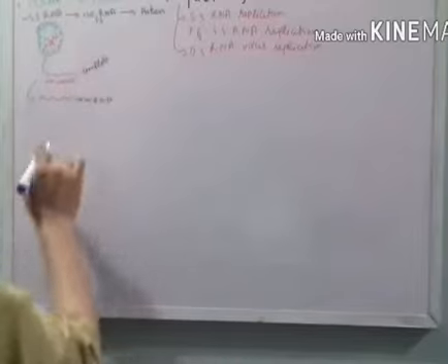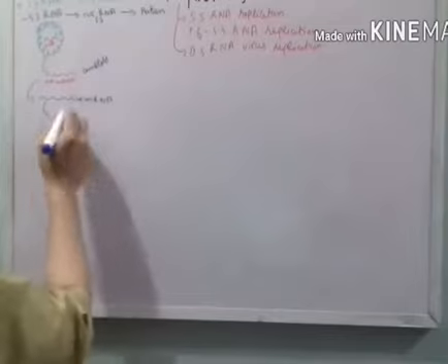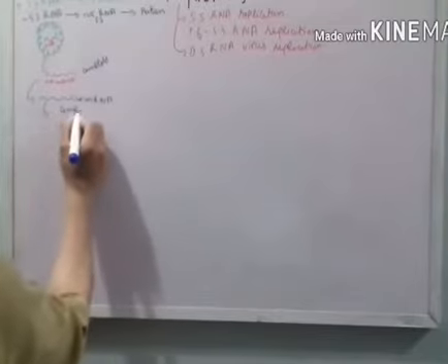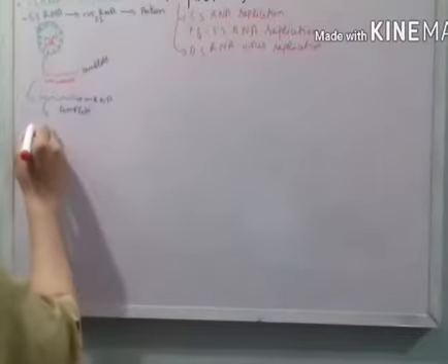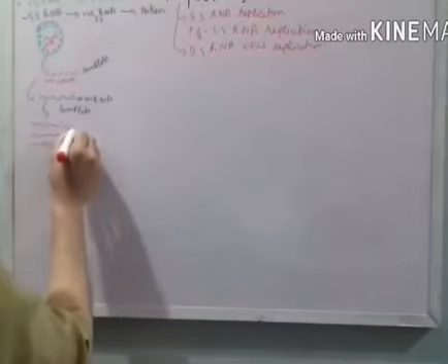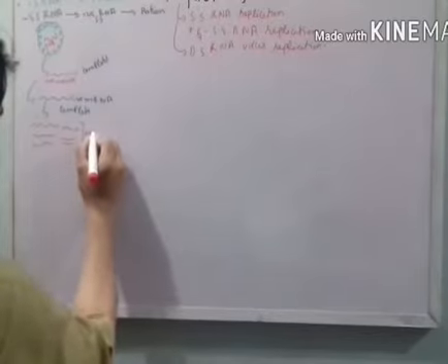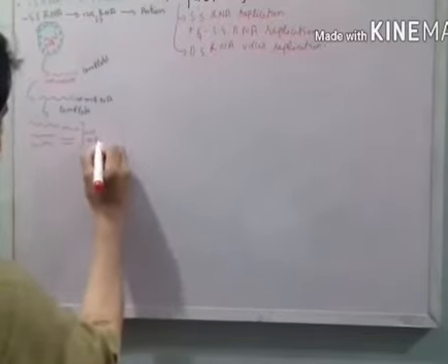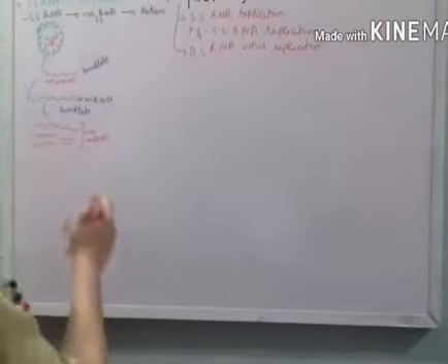Then the negative mRNA is used as a template again, and once it is used as a template, they produce more and more copies of positive mRNA. These all are positive mRNA produced by using negative mRNA as a template.